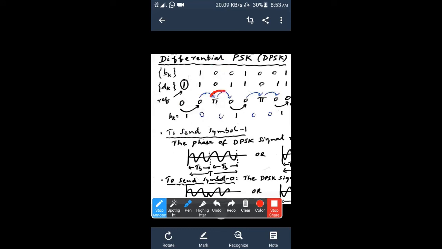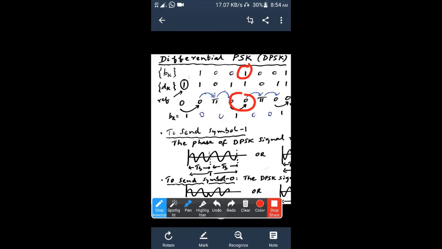Go to the third combination here: the first signal comes with 180 degrees, and the following one comes with no phase shift, 0. That time the information bit was 0. Did you observe this combination? Next, when you go here, both incoming signals consecutively have the same phase. That time the information bit was 1.